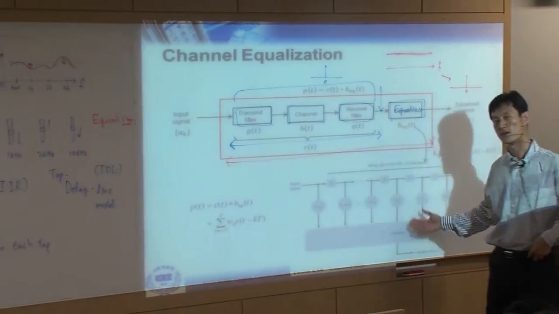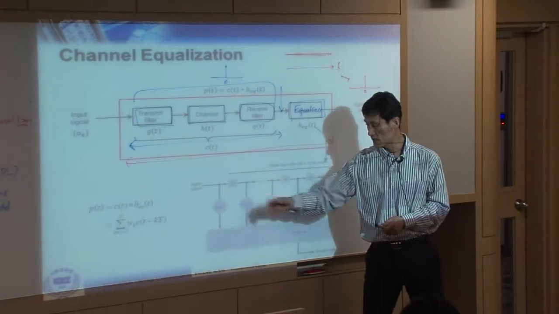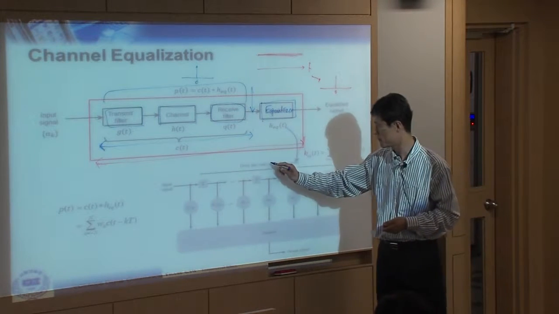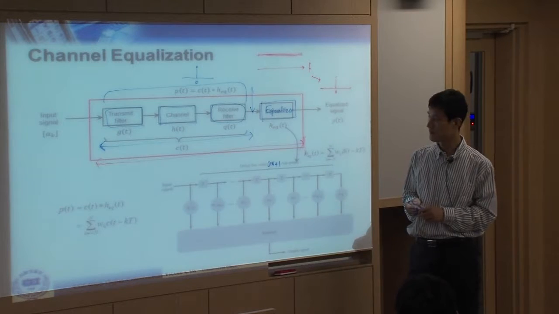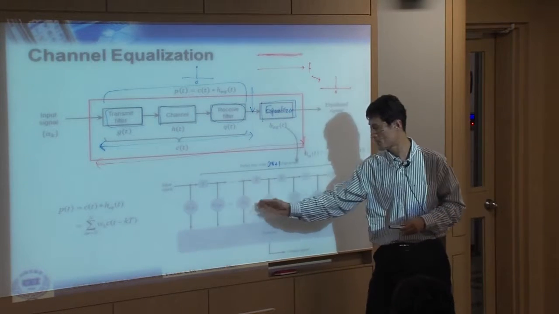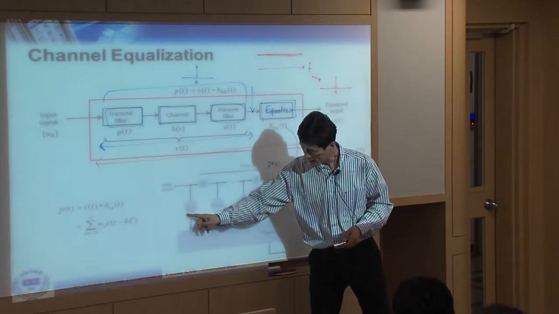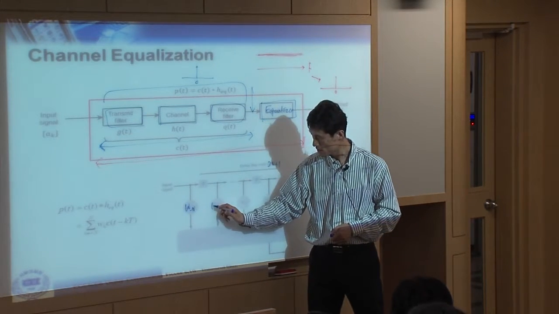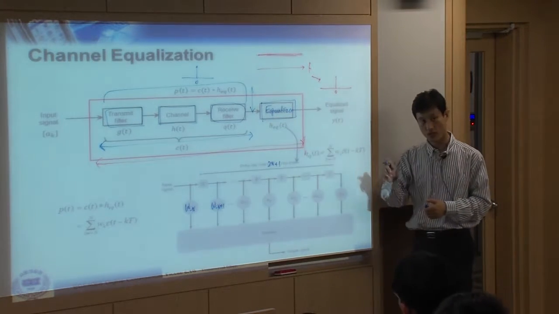So this is a filter. In this case, we have 2N plus 1 taps. This is the number of taps. Each tap has a coefficient. This is a coefficient for each tap.